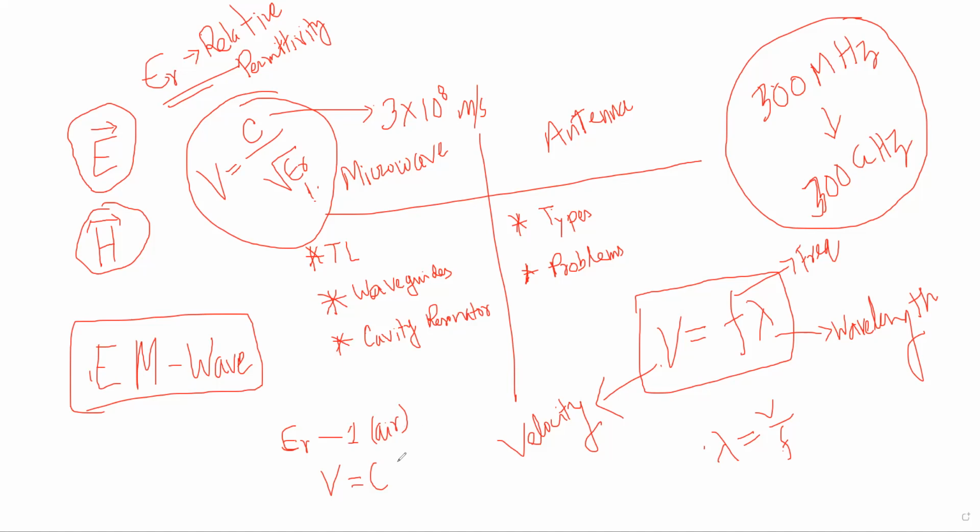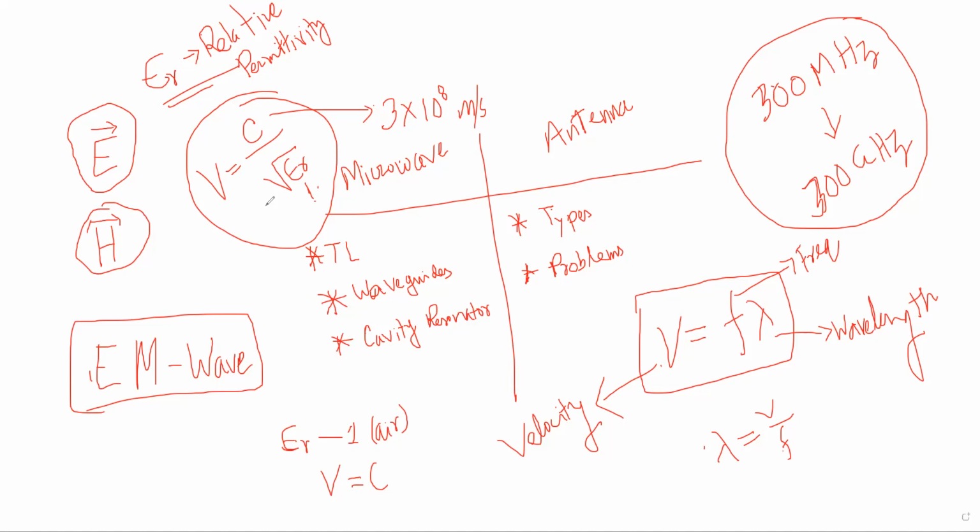If you change your medium, that means epsilon r would change. In that case, your velocity would change. So velocity varies according to the medium. Remember this: if you want to calculate the velocity of a wave, you have to know the epsilon r of the medium into which the waves go through.